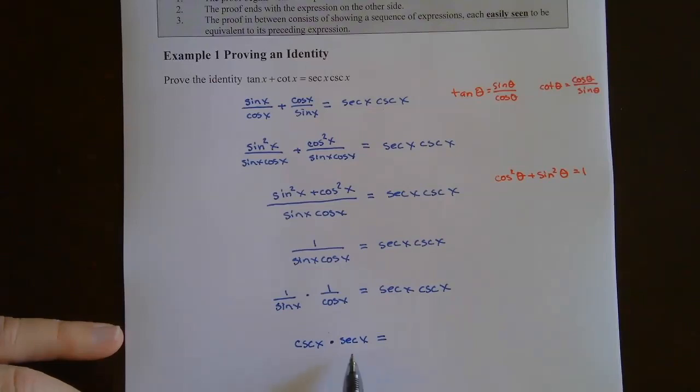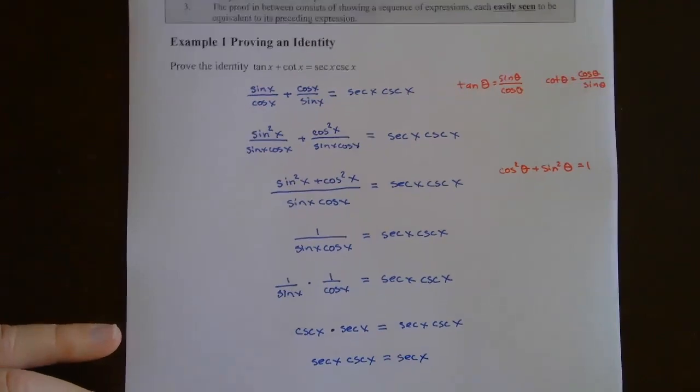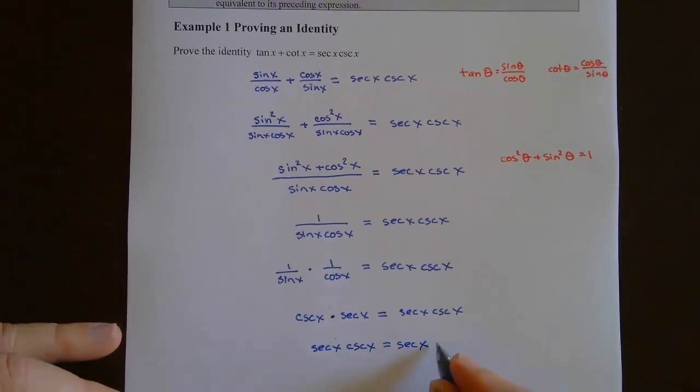No, it doesn't. So I'm going to write this secant x, cosecant x. We can change the order here, and we would have secant x cosecant x is equal to secant x cosecant x. And we just established that they are in fact the same. This is an identity, okay?